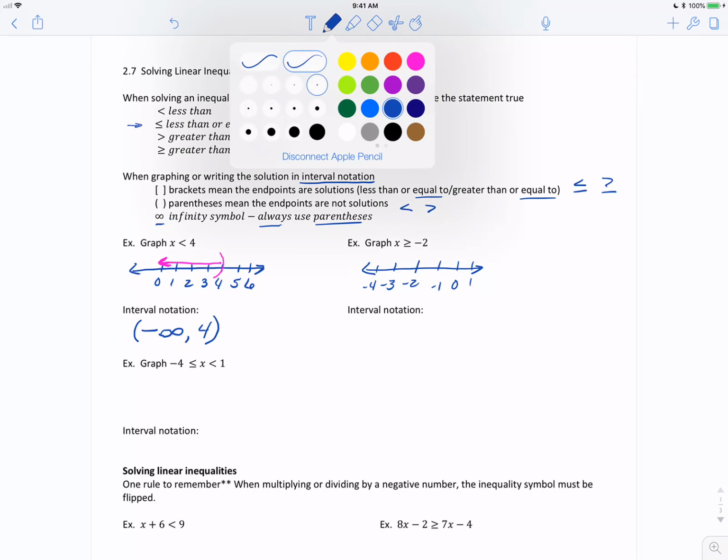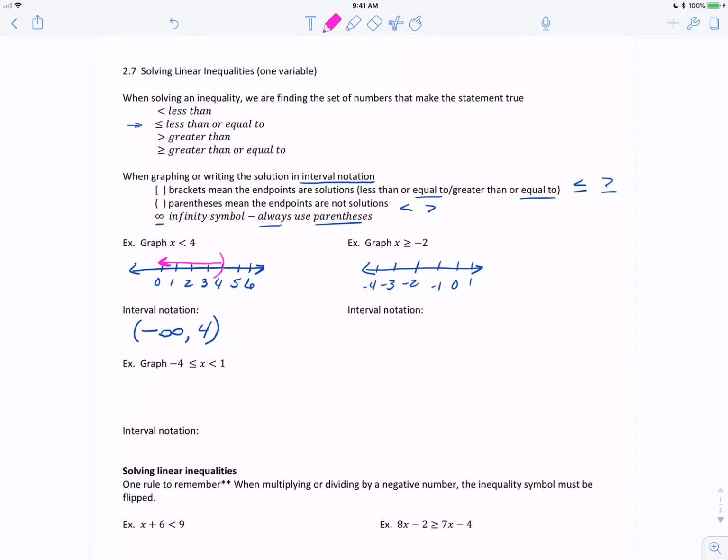So our critical value that we're talking about here is at -2. Well, x is all numbers greater than or equal to, so it's also equal to that, so that means we're using a bracket. And it's greater than, so that means we're going in the positive direction.